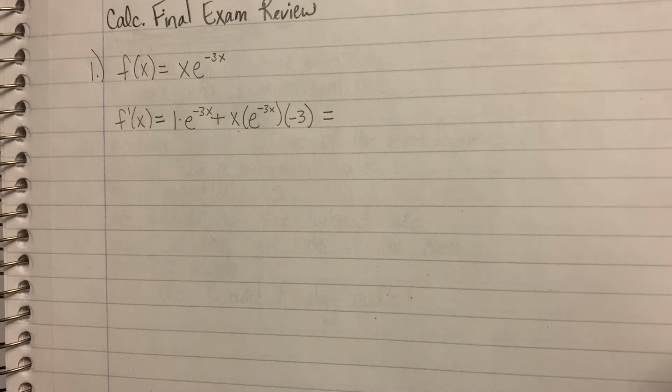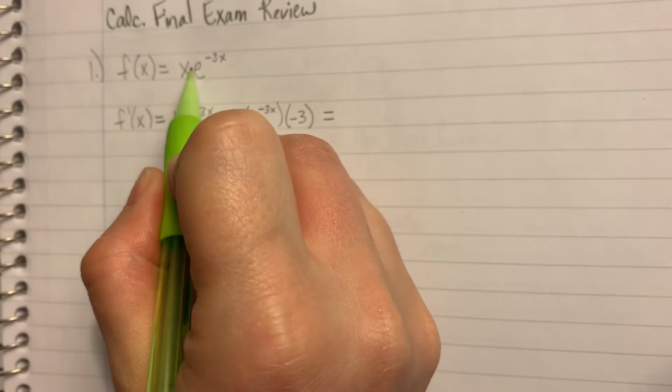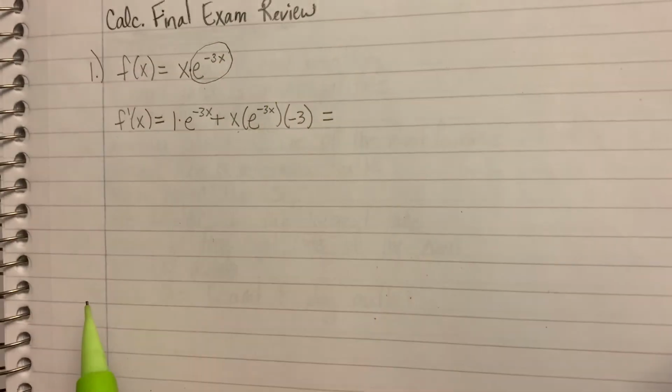Okay, so I had a question about how I got the second derivative on number 1. So I'm going to kind of walk through that. So the first derivative, I went ahead and started writing it down, and then I thought maybe I should explain, just in case. So this was a product rule right here, but then this right here is also a chain rule.